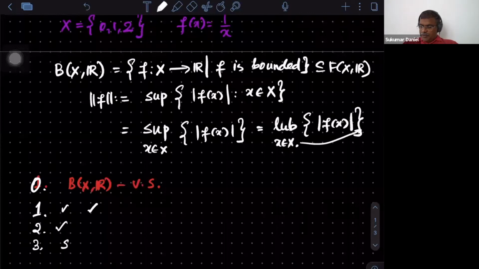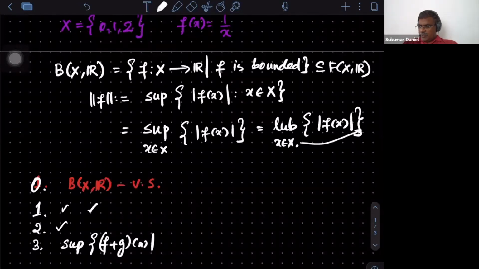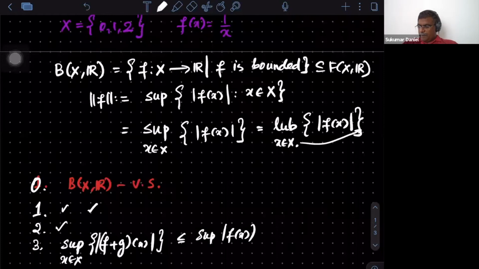So what we need to show is the supremum over x of mod f plus g of x is less than or equal to the supremum of mod f plus the supremum of mod g. This is what we need to show.